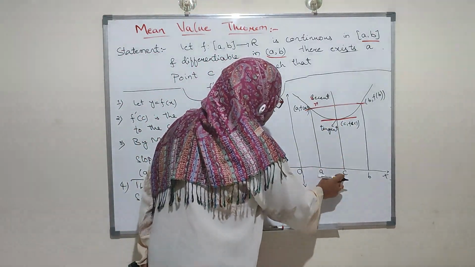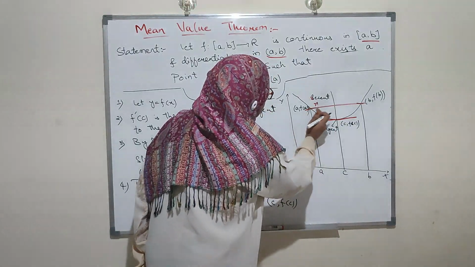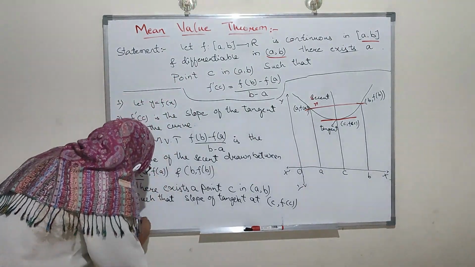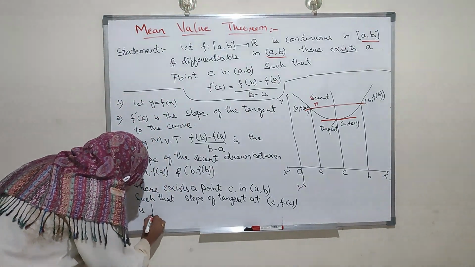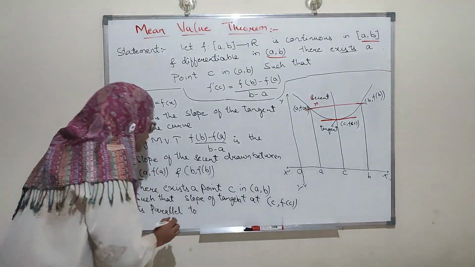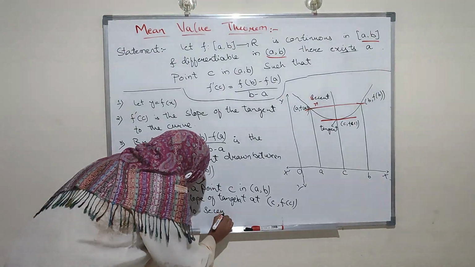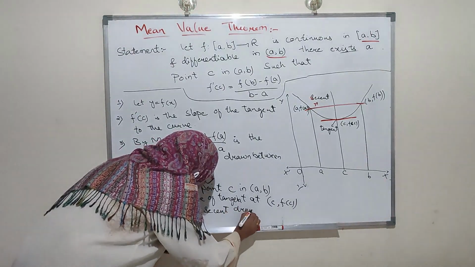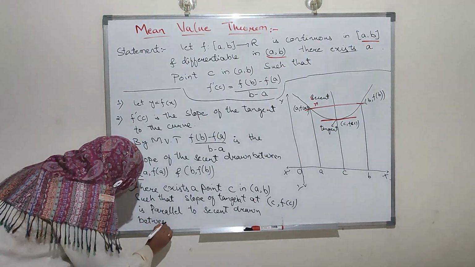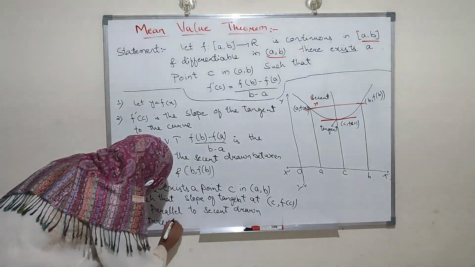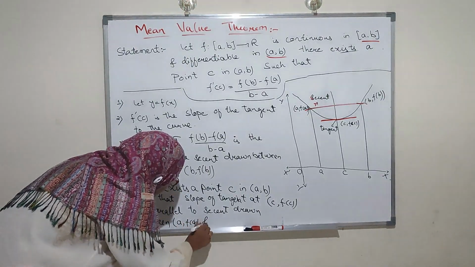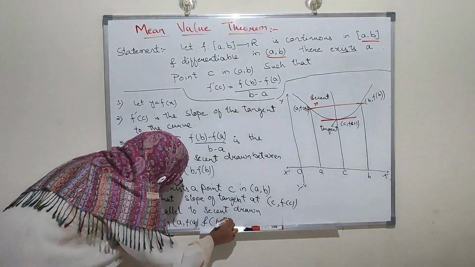We can see that this line at c is parallel to the secant drawn between a comma f of a and b comma f of b.